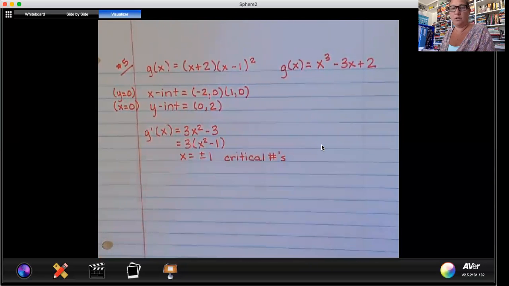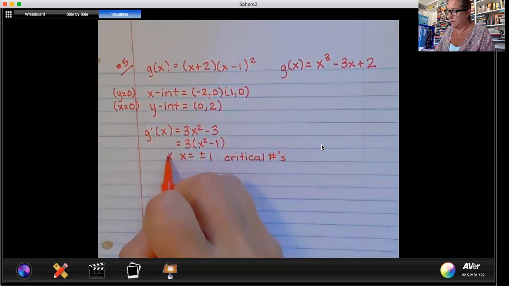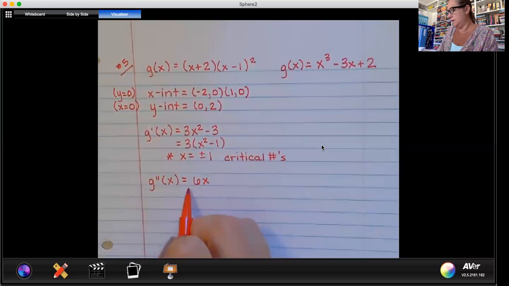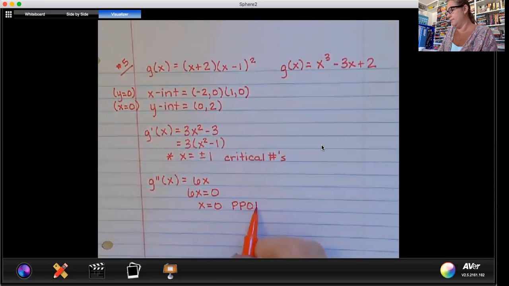Those are going to be part of my chart here in just a minute. So I'm going to put a little star there. And then I'm going to find g double prime, which is 6x. I'm going to set that equal to 0. And x equals 0 is what I'm going to call my possible point of inflection. Also part of my chart.